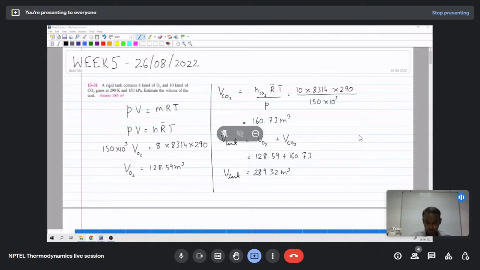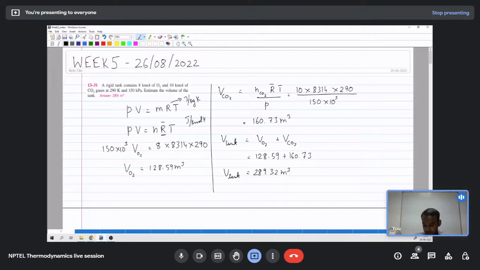Since it is given in number of moles, the R we are interested in is the universal gas constant, which is joule per kilomole Kelvin. The other R is joule per kg Kelvin. So since it is given in moles, I can use this universal gas constant and calculate directly. I need not calculate the characteristic gas constant R. Okay, sir.